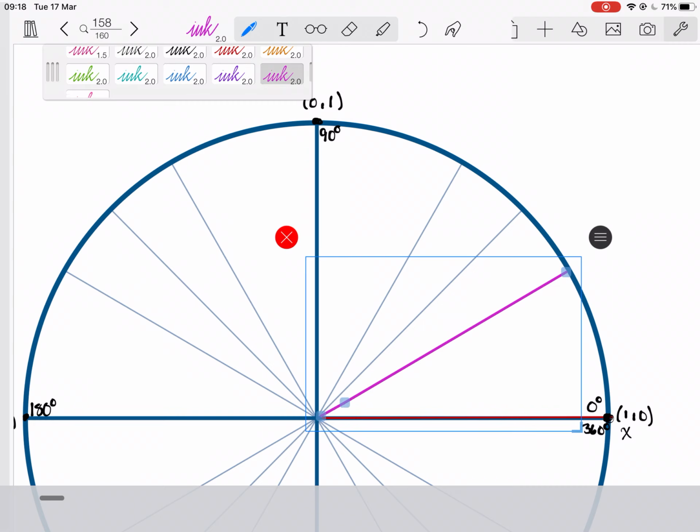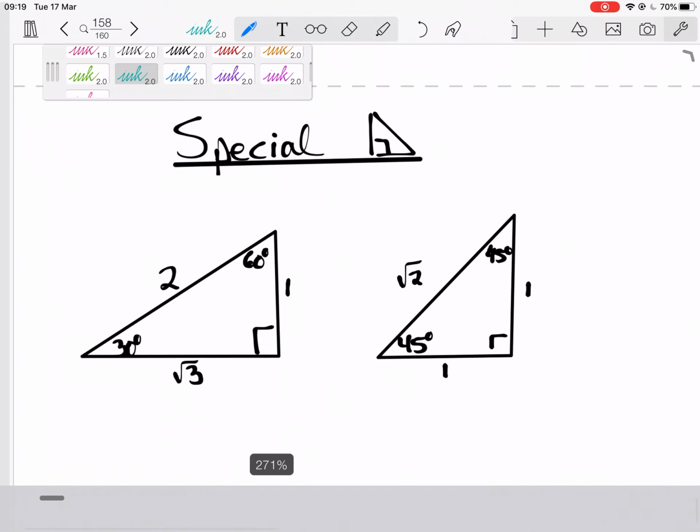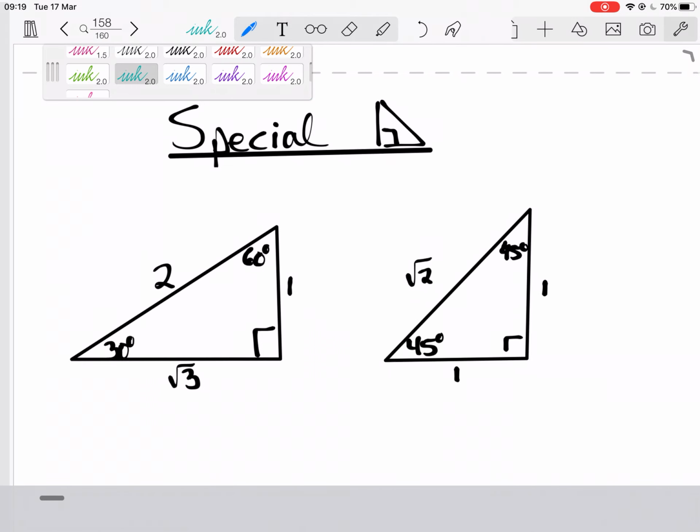And so we're going to get the measurements of each of these points. So the point here, point there, and point here. All three of those points we're going to get from our special right triangle. So I want to take a look at that. So our special right triangles, for 30, 60, 90, opposite our 30 degrees is 1, opposite our 60 degrees is square root 3, and opposite our right angle, which is our hypotenuse, is 2.